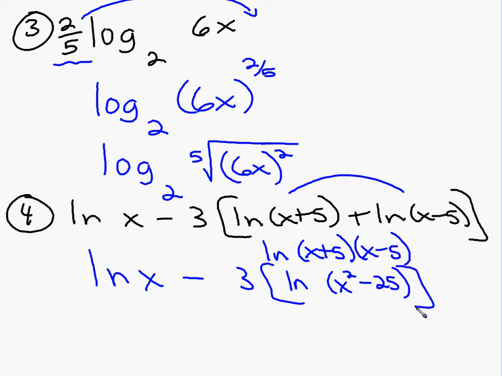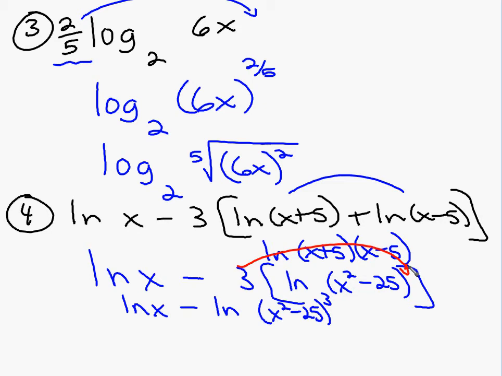Now I think it'd be a good time to bring that 3 around. So now I have the natural log of x minus the natural log of x squared minus 25 to the 3rd. All I did was I brought this 3rd power around. And don't I have one more step? Sometimes people ask, how far do I go?